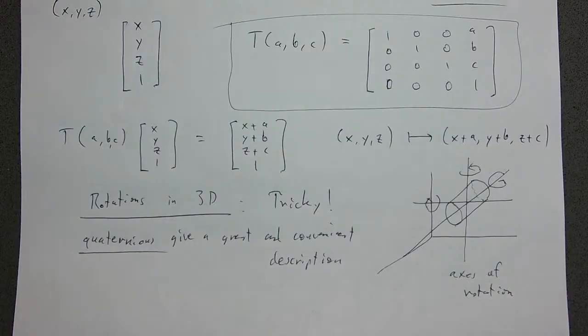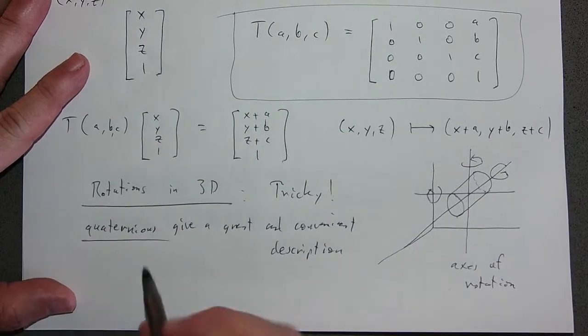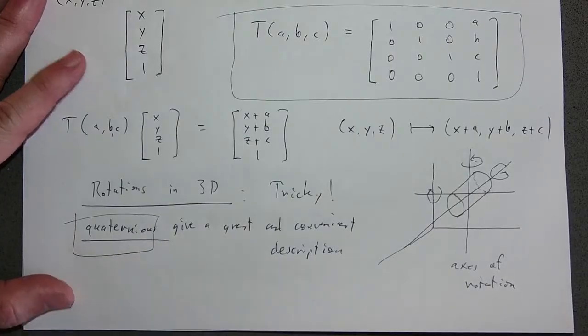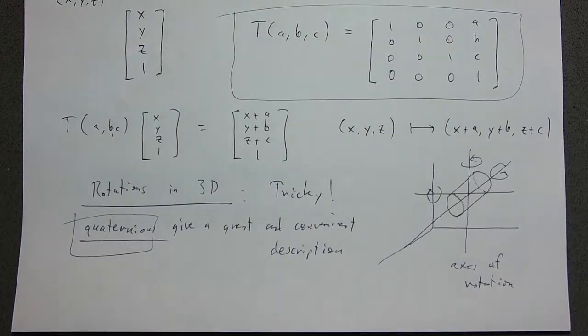So if you're interested in this, you can look it up. I'm not going to go down this direction, but if you want to know what a solution essentially is to describing these tricky 3D rotations, the quaternions provide a very nice way of doing this. You might think of them in the loosest sense as involving the i, j, and k that you know, although that's more of a nice superficial thing going on.